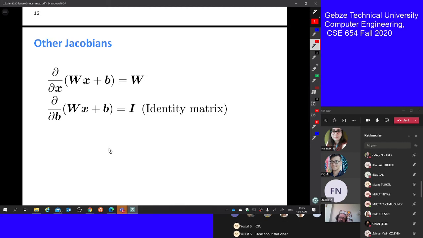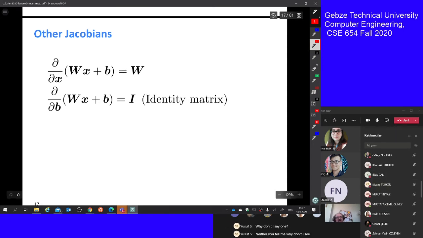This is identity. Why? Because I am not saying one, right? Why don't I say one? Nida, you tell me, why don't I say one, instead I say identity?